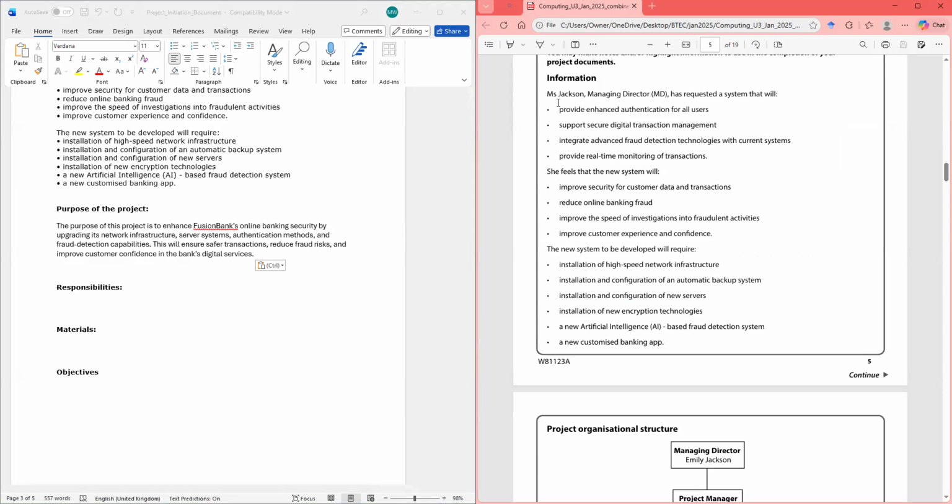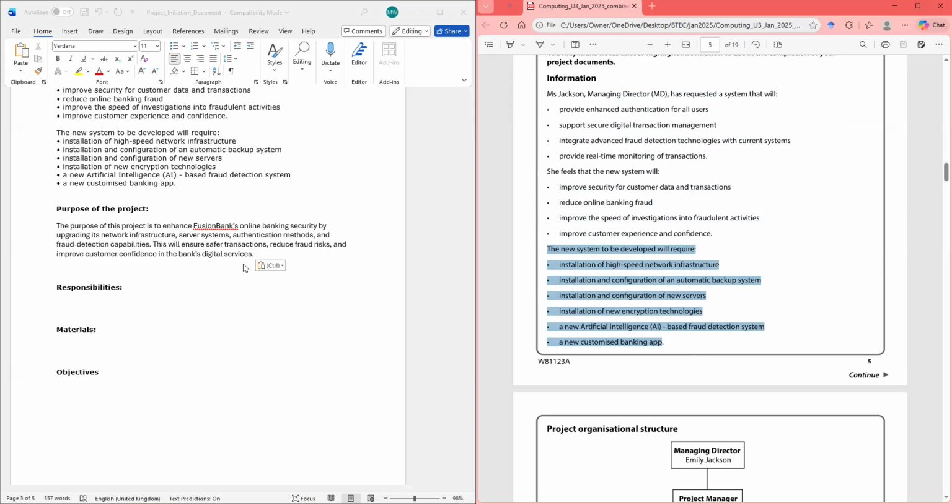So the purpose of a project is to do this, by doing all of this, right? And it will ensure safer transactions, reduce fraud risk and improve customer confidence in the bank.